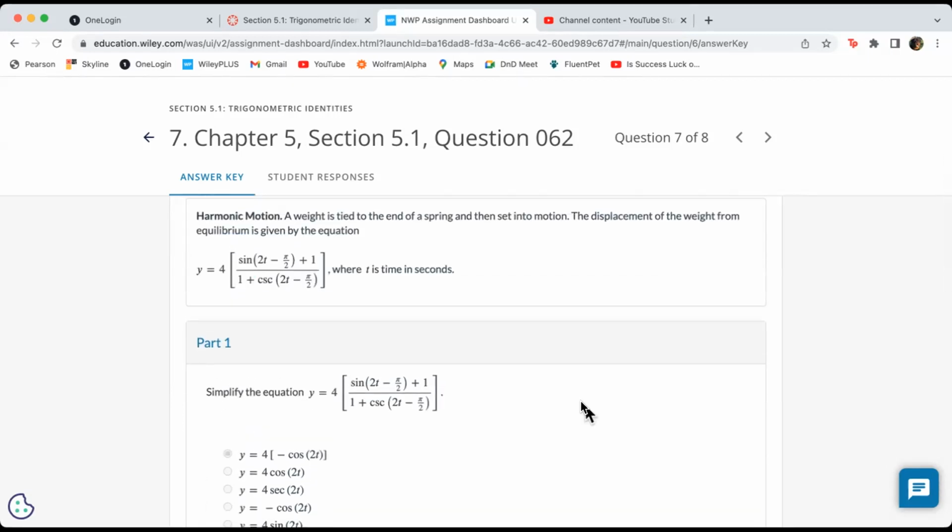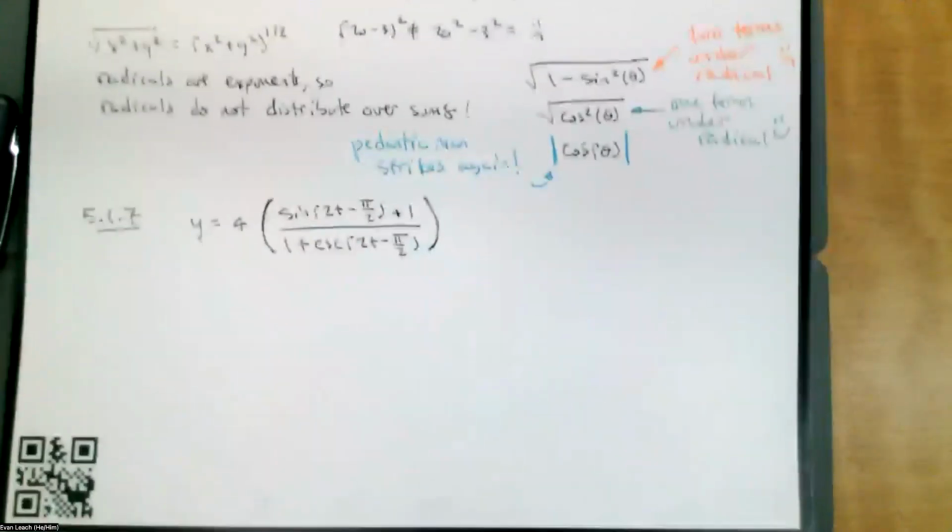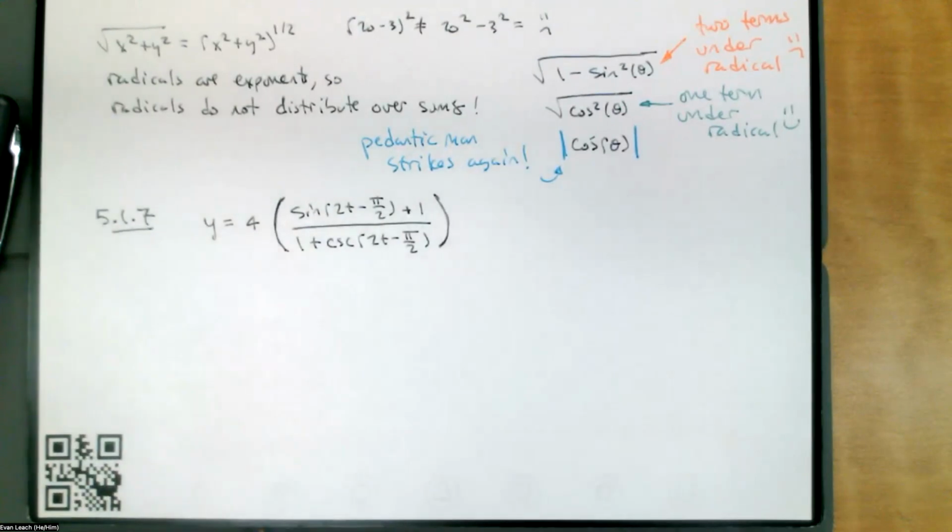But what we want to notice are the two things that stand out right away. First of all, I've got a cosecant of 2t minus pi over 2. So we see cosecant in an expression. This expression has cosecant in it, and it also has sine in it.